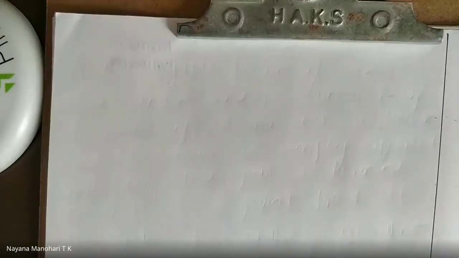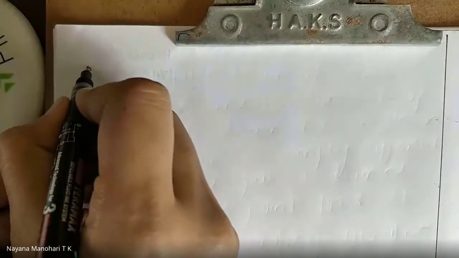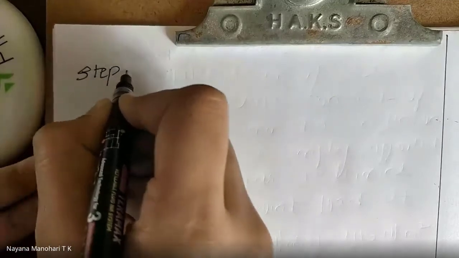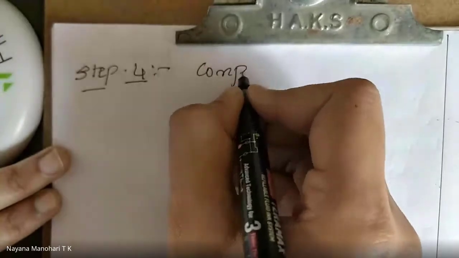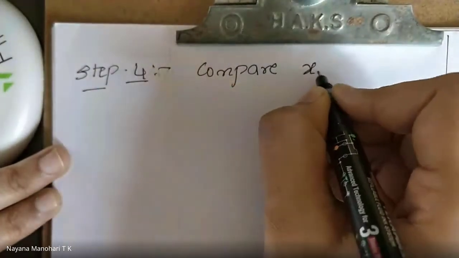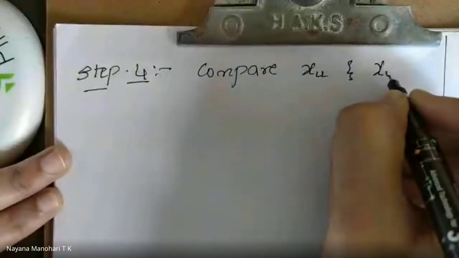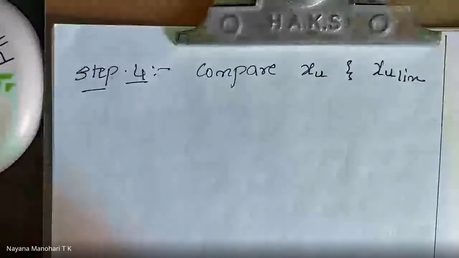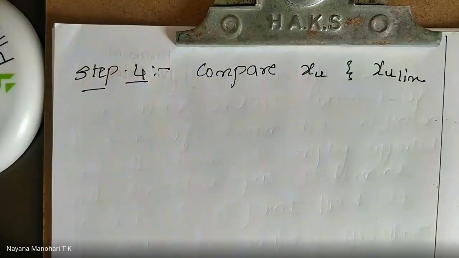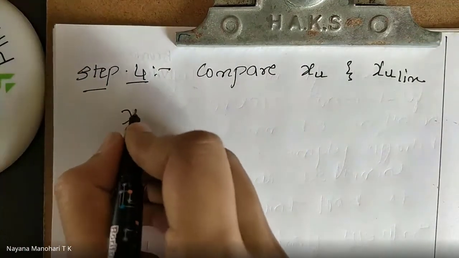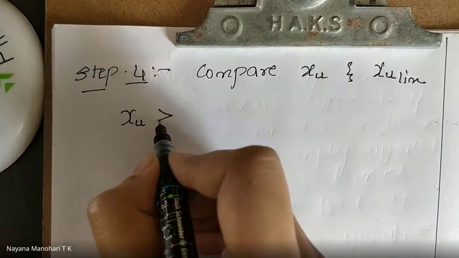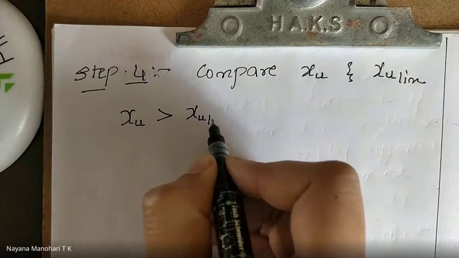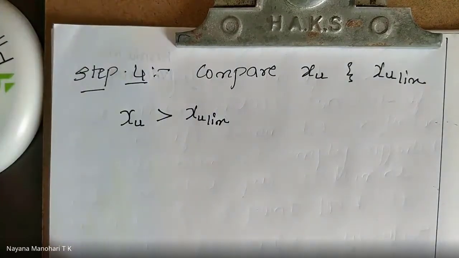On to the fourth step, compare XU with XU max. Step 4. Compare XU and XU limit or XU max. XU is what? XU is greater than XU limit. Then section is called as what?